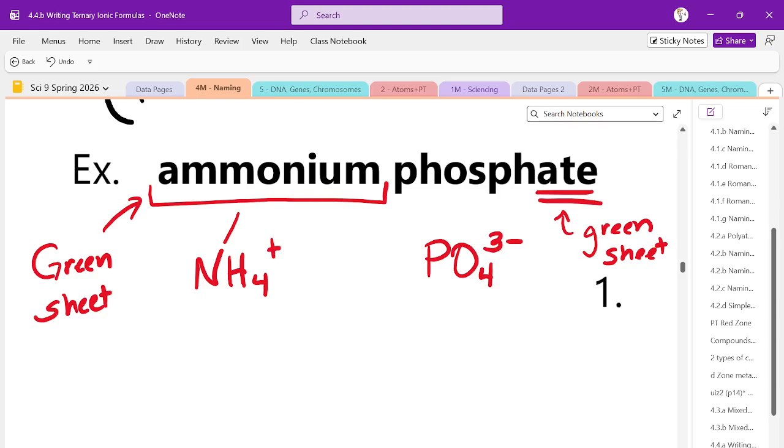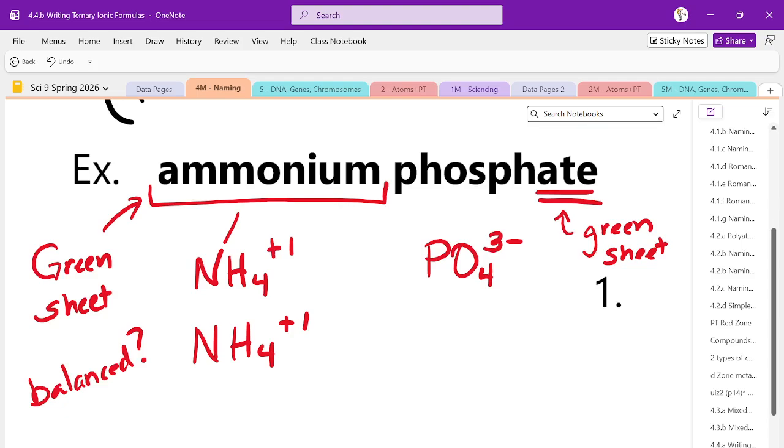Do we have enough of each? Are they equal? Are they balanced? No, they're not balanced. We've only got positive 1. How do we get more positive? Add another ammonium. Did that give us enough? No. What do we do next? Add another one. NH4 plus 1. Did that give us enough?